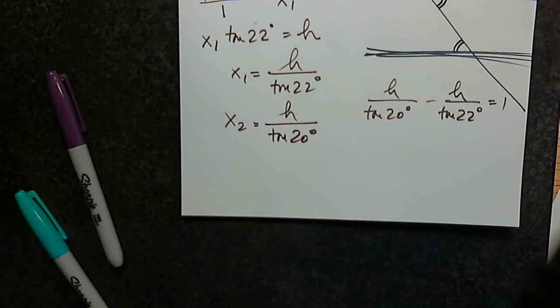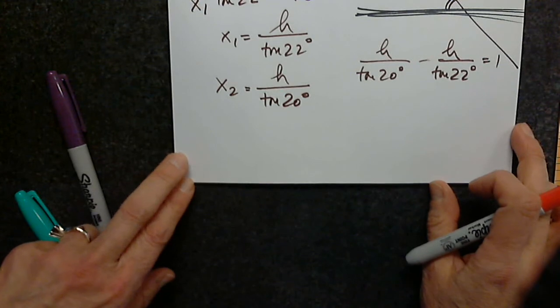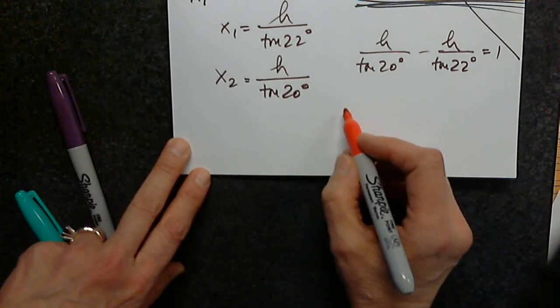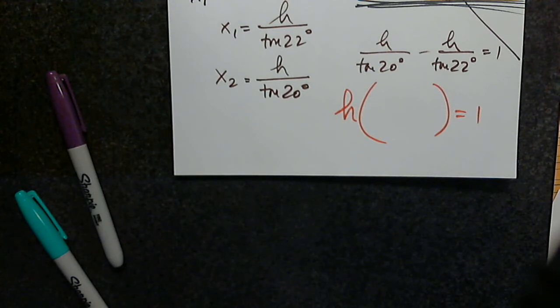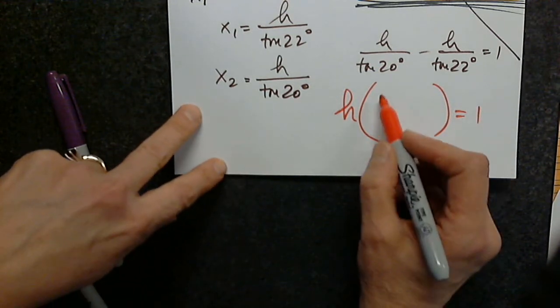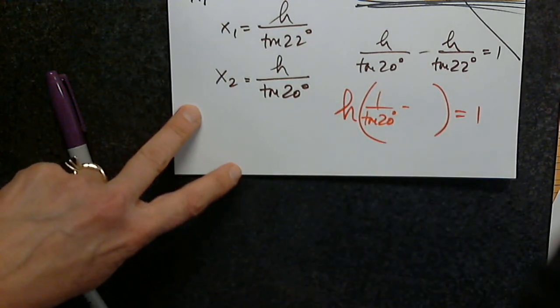Simplify doesn't work. There is nothing I can simplify. My hands are tied when it comes to simplifying. So what can it be? The only one that I can do is factor. What do I have left in parentheses? Exactly. Minus. That's it.